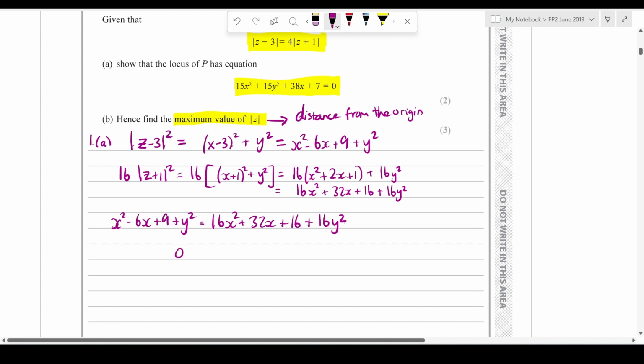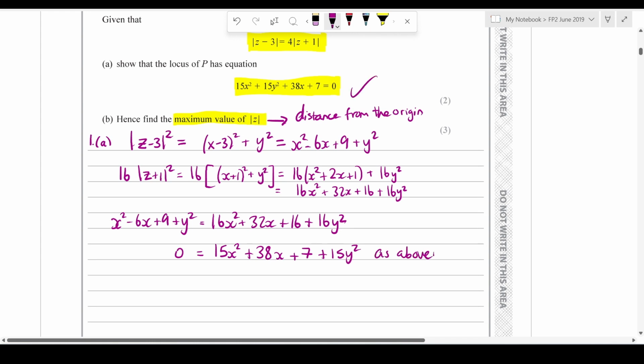So I'm going to make this side equal to 0, take away the x squared, that means we've got 15x squared. Rather than take away 6x, I'm going to add 6x and get 38x. Rather than adding 9, take away 9 to get 7, and take away the y squared, I get 15y squared, and that's the same as the equation above.